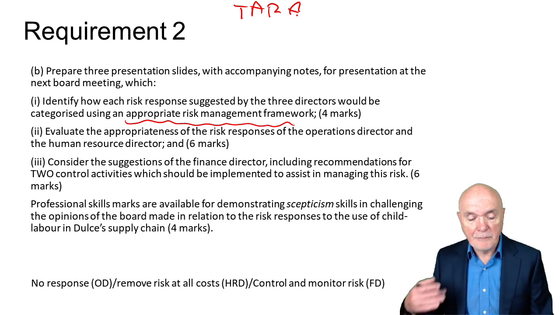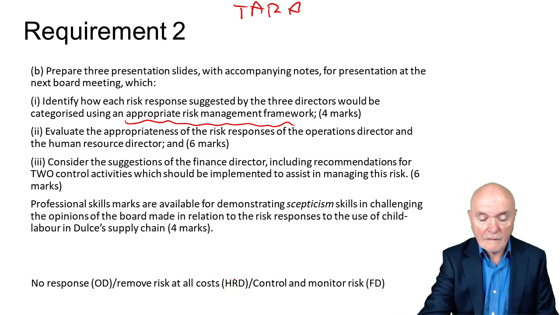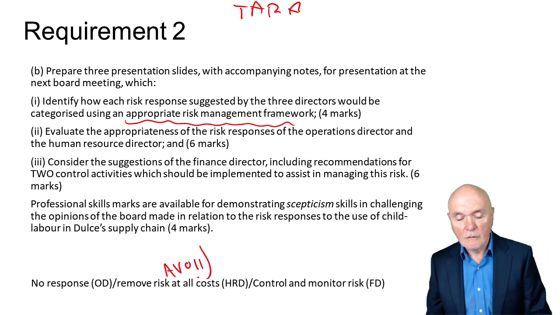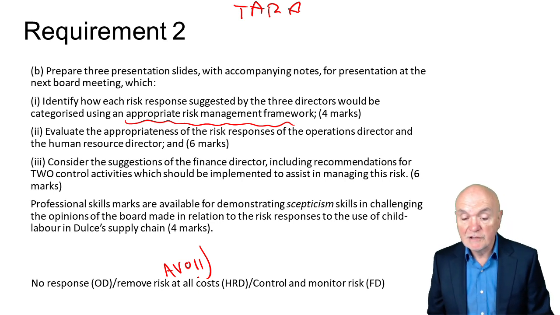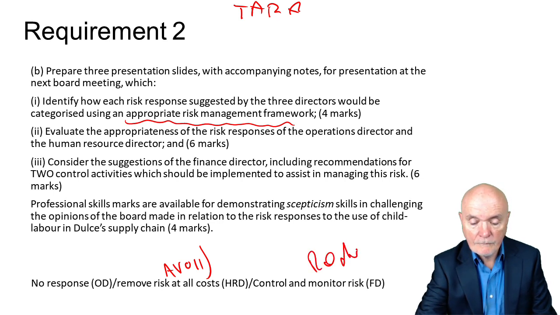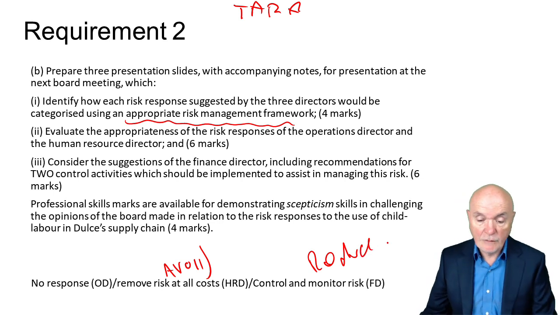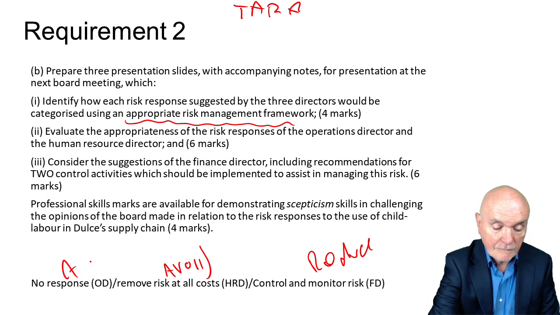And I think that's pretty much what the Human Resources Director is thinking about. Avoid it at all costs, remove it at all costs. There is the reduce, the R in here, which is very much this one here. And then there is the last one, no response, which is accept.